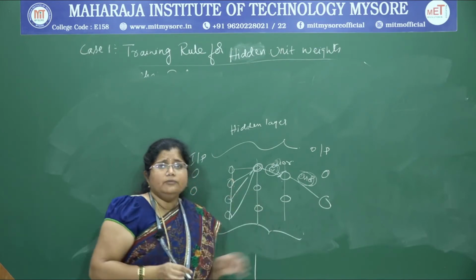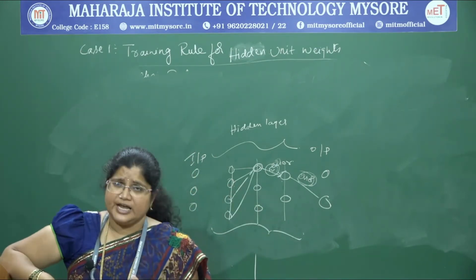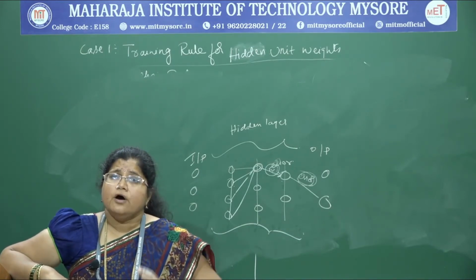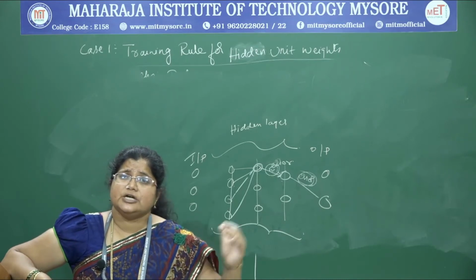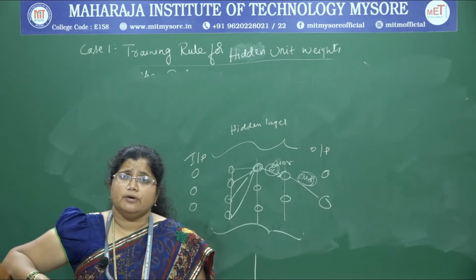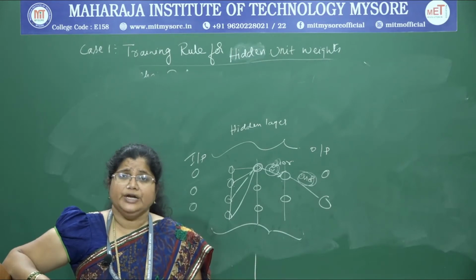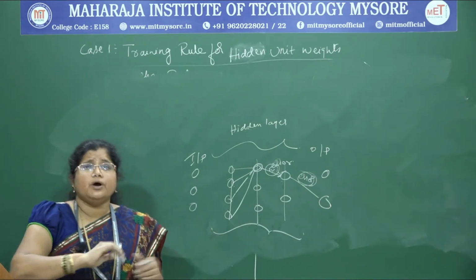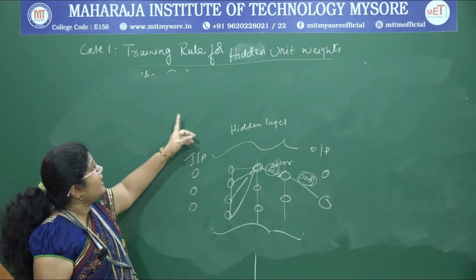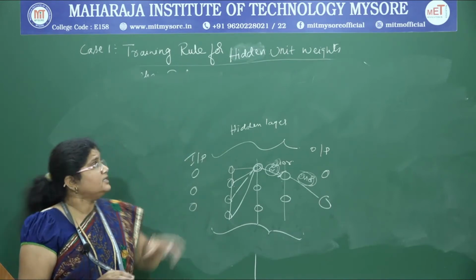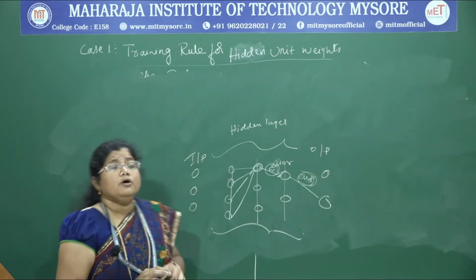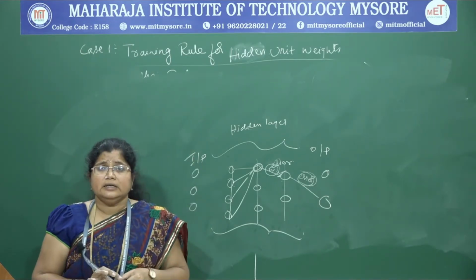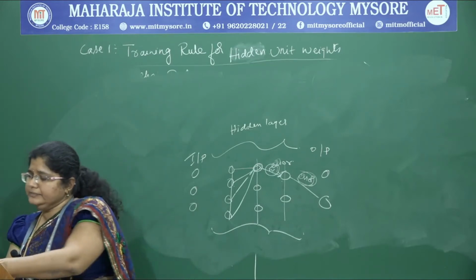The net j which is being considered is the summing of all the weights which come to the downstream of the jth unit in a hidden layer. That is what we consider for deriving an updated weight, that is, we have a training rule to find the updated weight in a hidden layer.